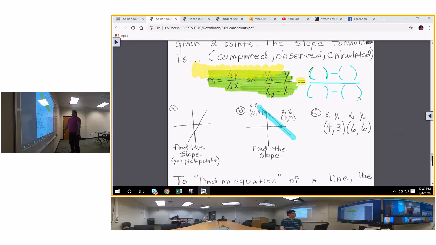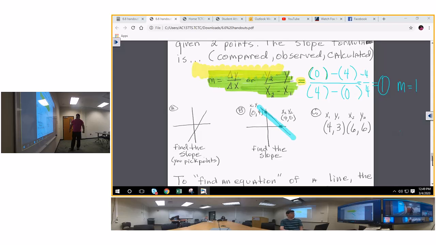All right, y sub 2 is 0. Y sub 1 is 4. X sub 2 is 4. X sub 1 is 0. And that's going to give us negative 4 over 4, which is equal to negative 1. So our slope of the blue line is equal to what?